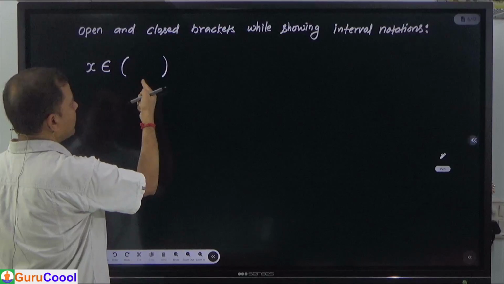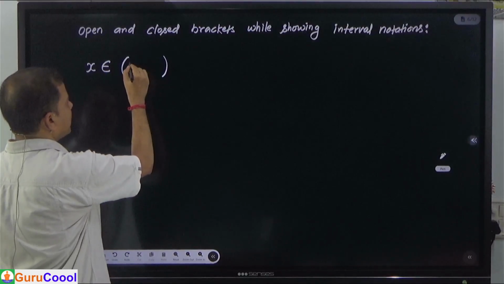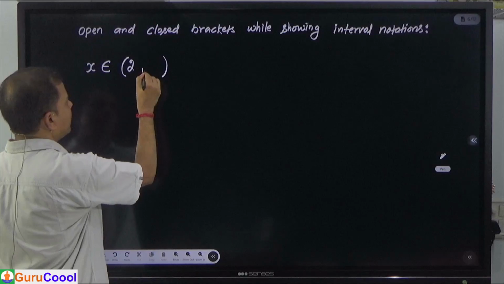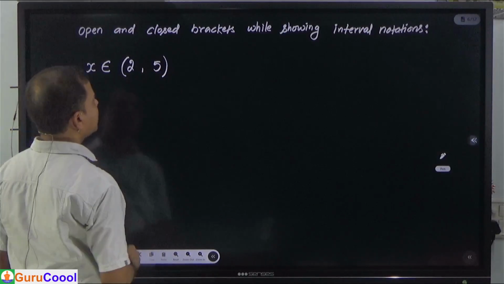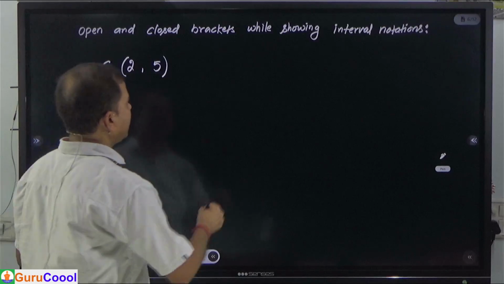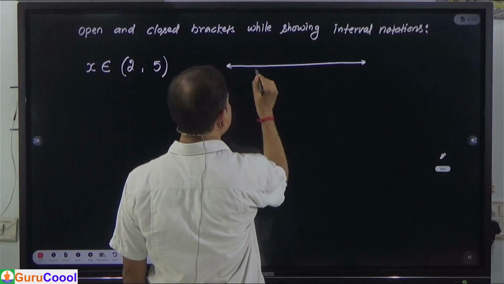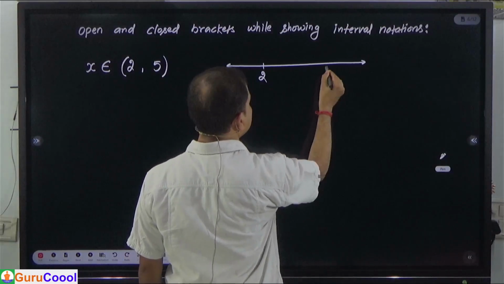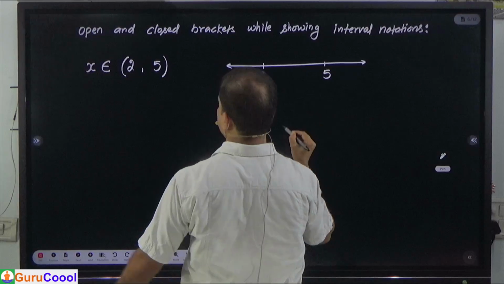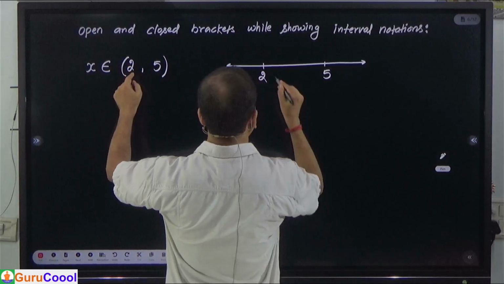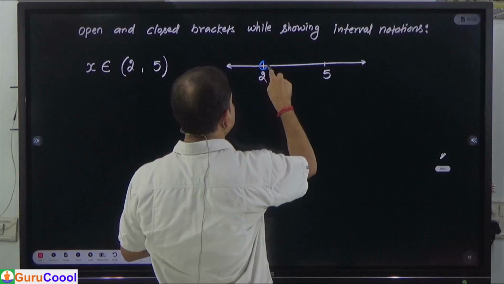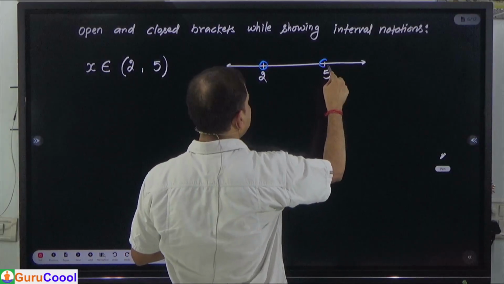This is called open interval. Open interval 2, comma 5. What is the meaning? Meaning is that on the number line, I have two numbers. X is not equal to 2, X is not equal to 5.